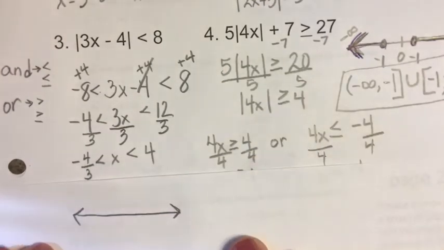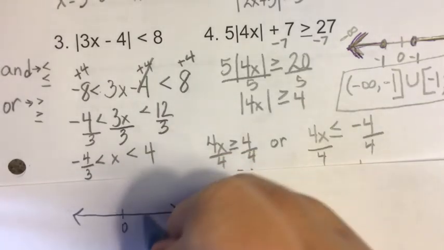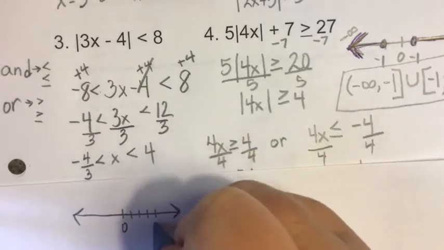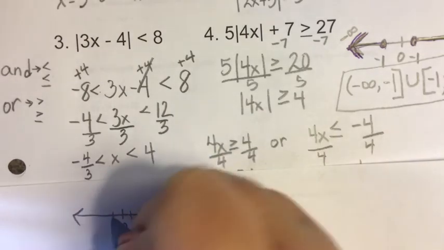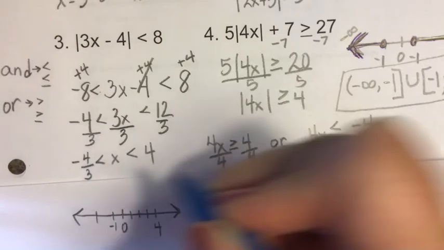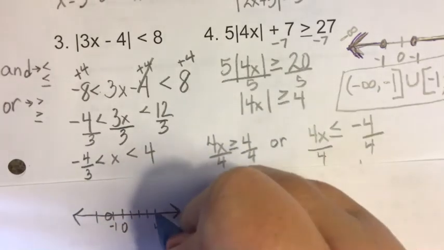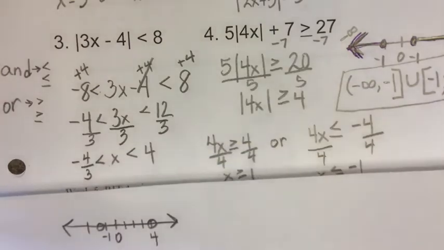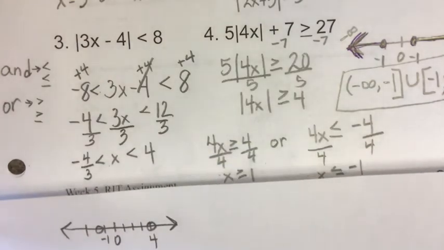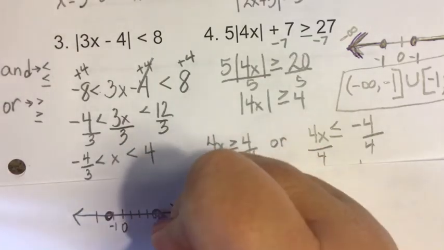An and looks different from an or. I'm going to put 0, 4, negative 1 1/3 would be here. I'm going to put an open circle here and an open circle here, because when I am graphing with less than, it's always open circles.